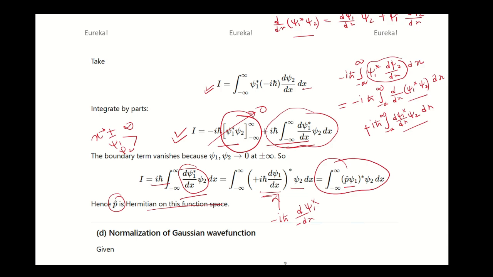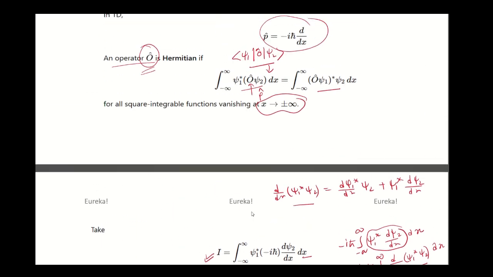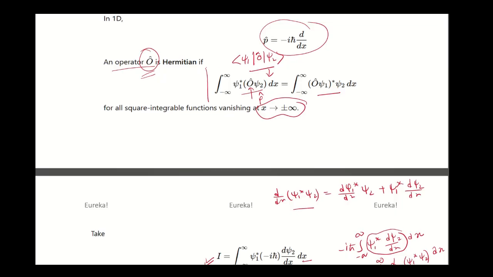Hermitian on this function space. That means this is the general form by which O cap is called Hermitian. If O cap is a Hermitian operator, then it must follow this mathematical form.